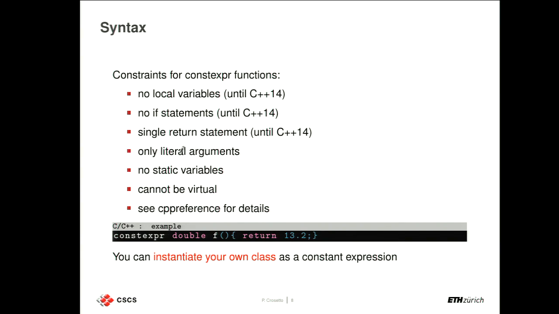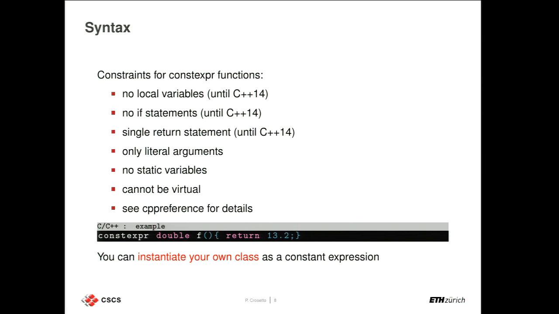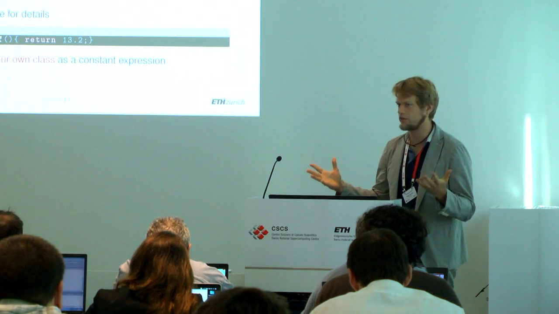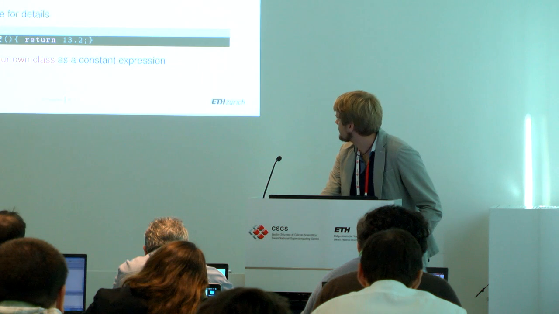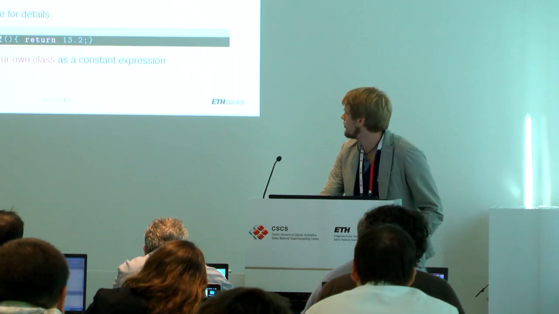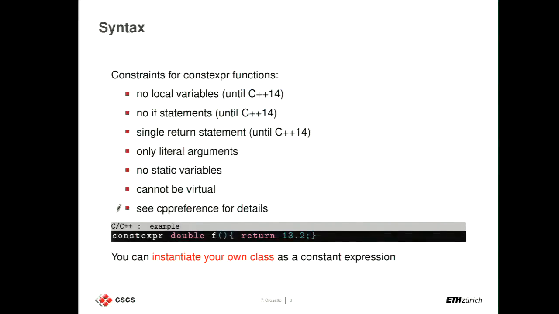So the arguments of a Constexpr function must be a literal type. An example of a non-literal type is a string. Standard string is not a literal type because it's allocating things on the heap, and it doesn't have a Constexpr constructor. It also cannot contain static variables, cannot be virtual, and some other details.